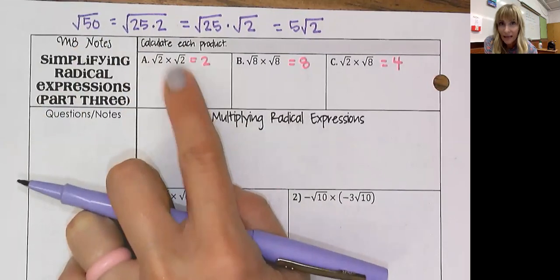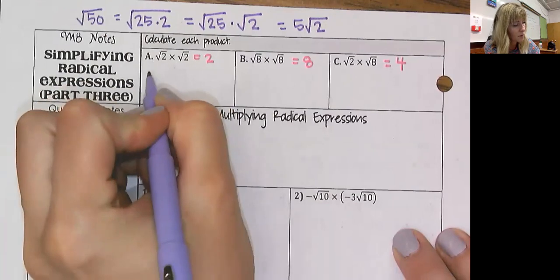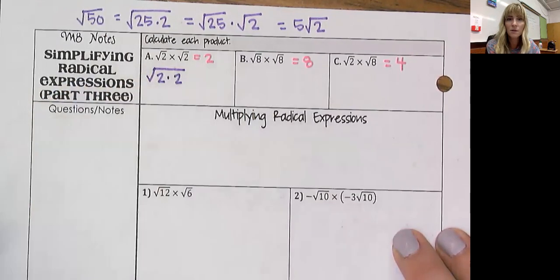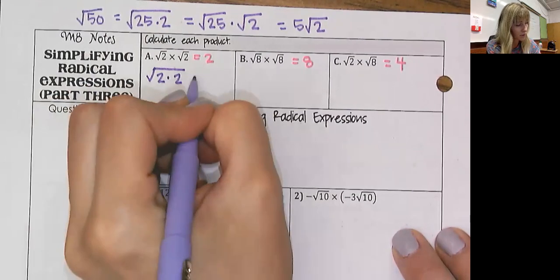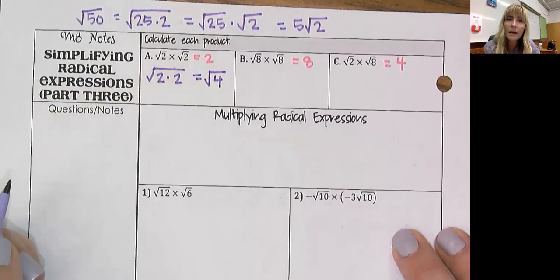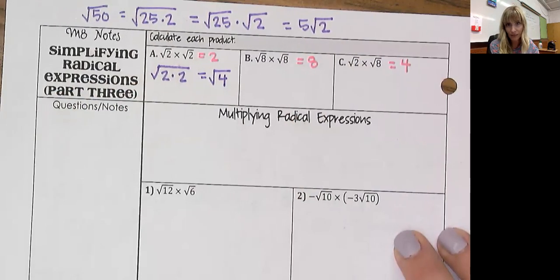That is precisely what is happening here. Instead of square root of 2 times square root of 2, I'm going to put it all under the same radical, square root of 2 times 2. Well, let's actually do that multiplication. Hey, that's square root of 4. And what is the square root of 4? It is, of course, 2. That's what's going on there.